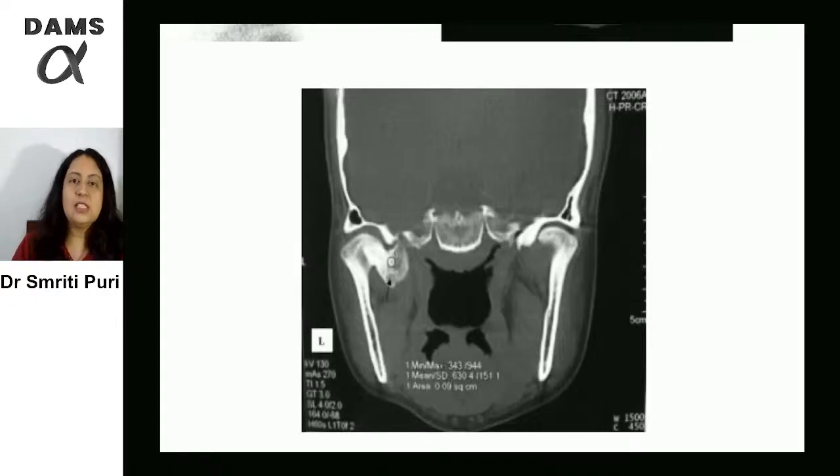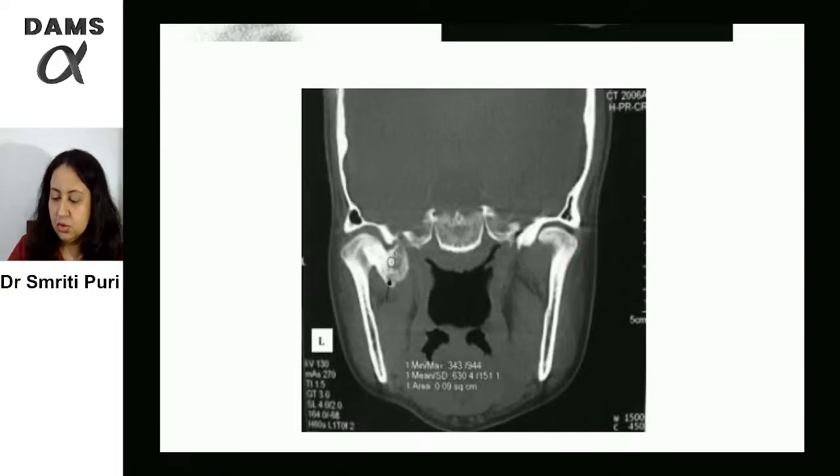Let's first see. This is a coronal section. I'll trace it out. If you see, this is the normal condylar outline. Now I'm going to erase this.